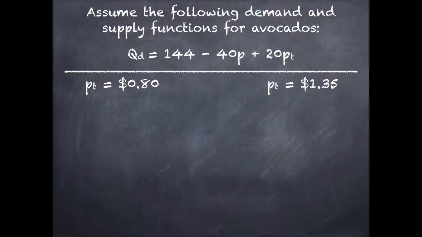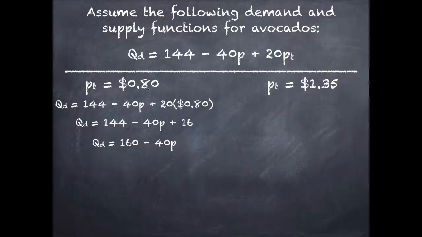And now we want to take a look at how the quantity demanded varies when the price of tomatoes is 80 cents and when the price of tomatoes is $1.35. So we're going to calculate QD for the different prices of tomatoes.